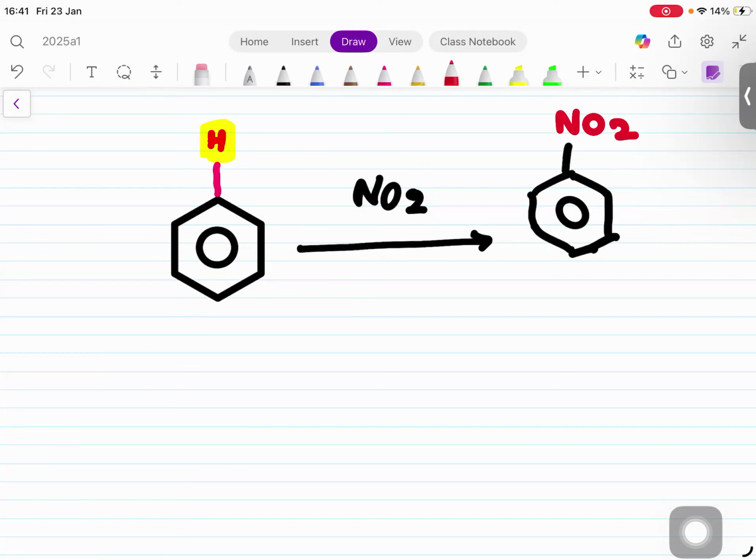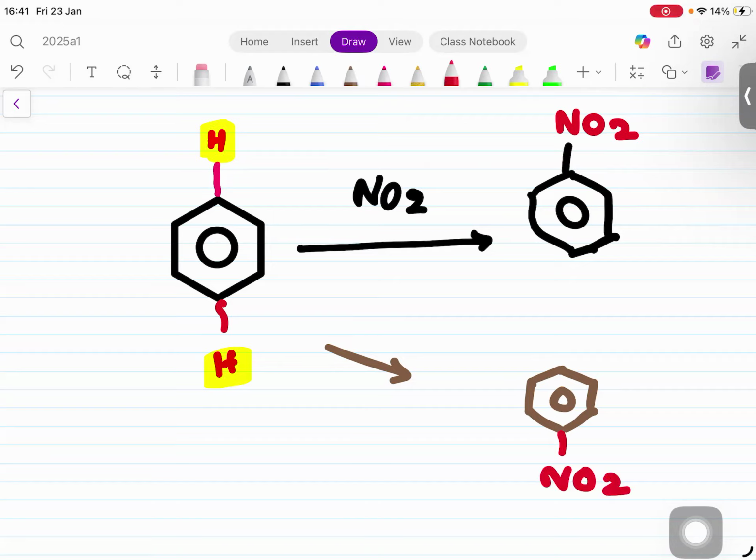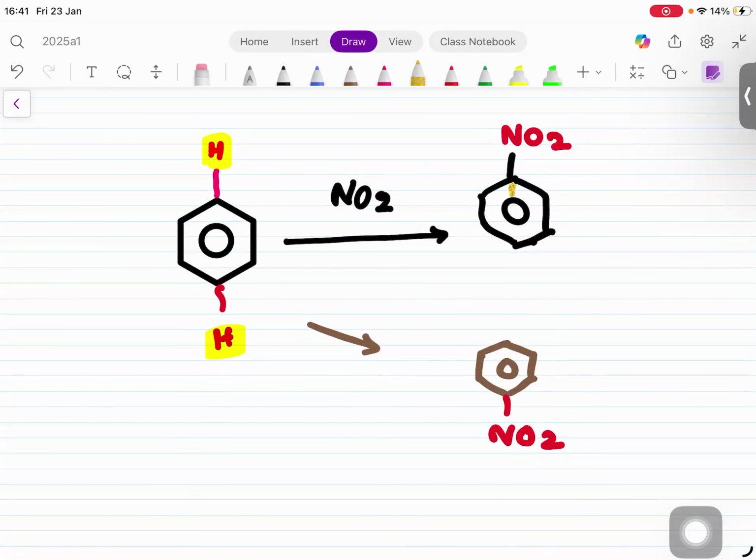So what does it become? Nitrobenzene. Even if this hydrogen is replaced, you say it's the same thing. This is also nitrobenzene. There is no difference. Because in a ring, wherever the substituent group is attached, that becomes number 1.